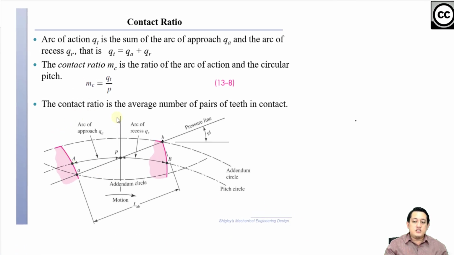Contact ratio here is the average number of pairs of teeth in contact. So how to calculate contact ratio is this one.